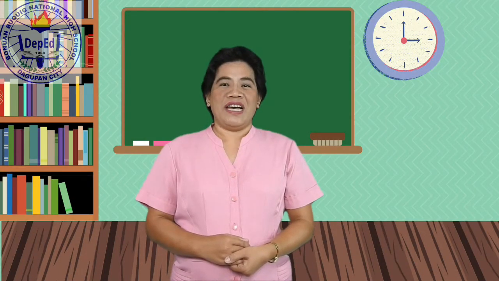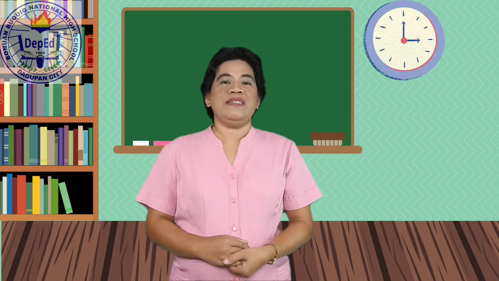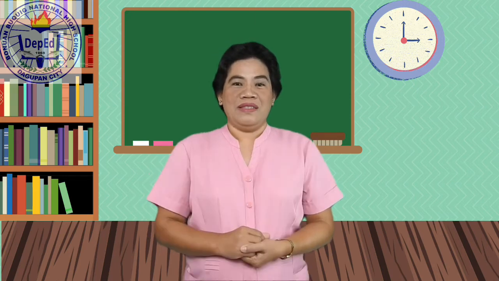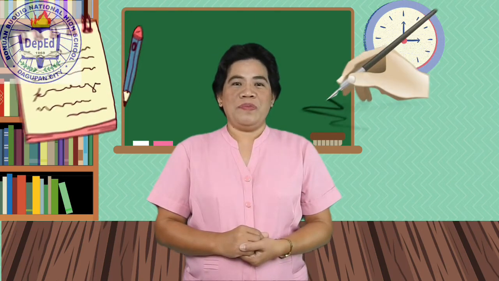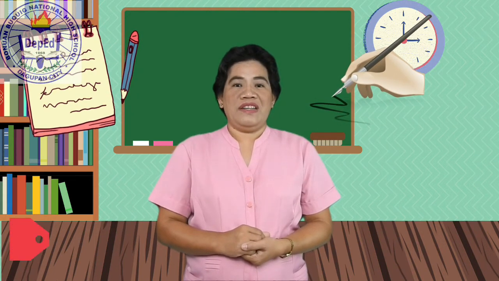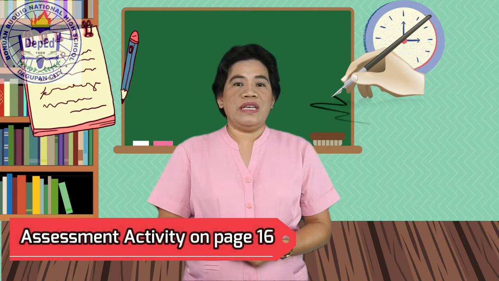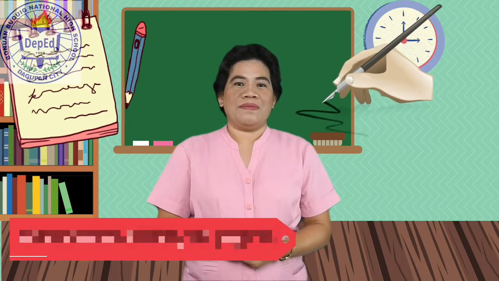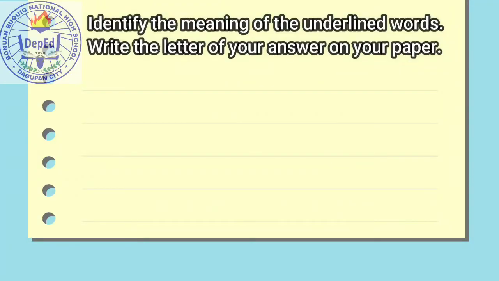Okay, this time, let us try to put into practice what we have learned about choosing the meaning of new words based on context clues. So grab your pen and paper as well as your self-study module and join us in answering assessment activity on page 16. Number 1.